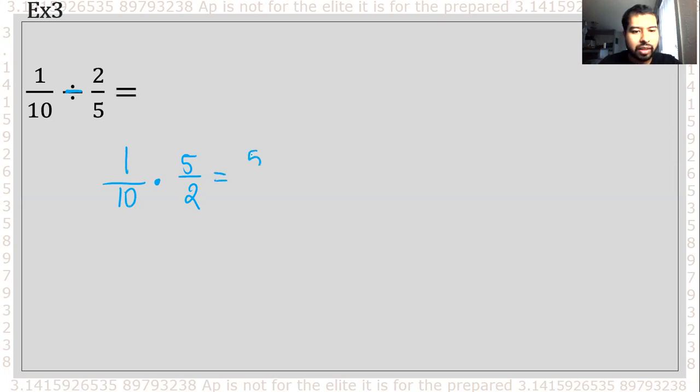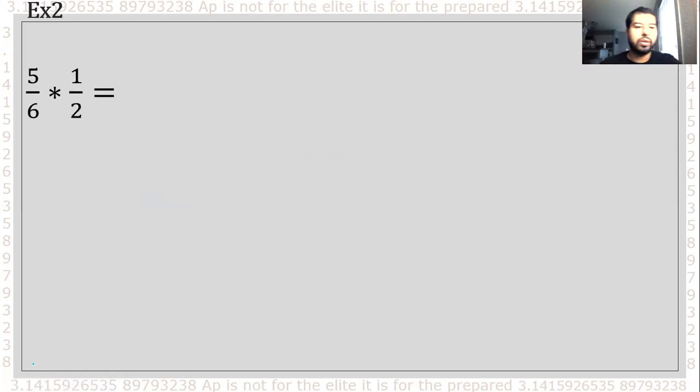So this is going to be 5 over 20, right? Because 2 times 10 gave me 20. And I can simplify this if I divide by 5 on both parts. I can see that I'm going to have 1 over 20 divided by 5, that is 4. Okay. So 1/4 was my solution. Okay. All right.